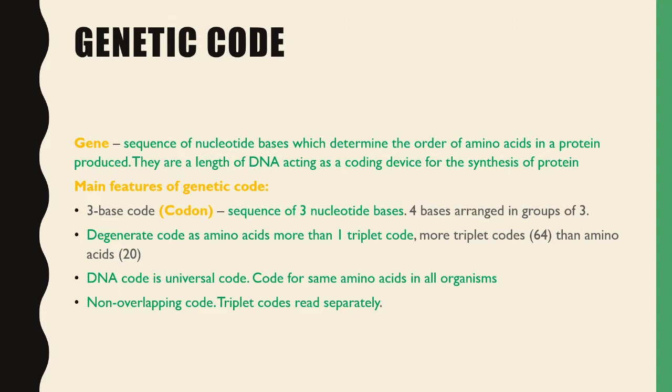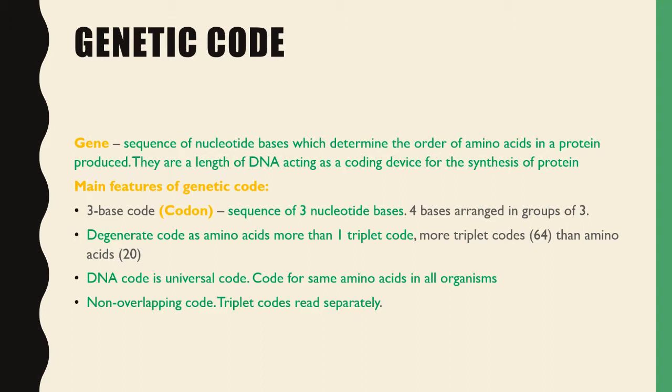So if you have ATC, that is a codon, and then obviously there will be the complementary base pair matches for that. The genetic code is a degenerate code, as there are more triplet codes, or codons, than there are amino acids.